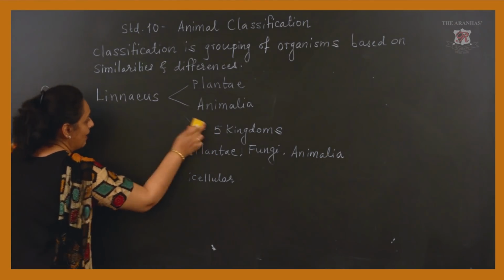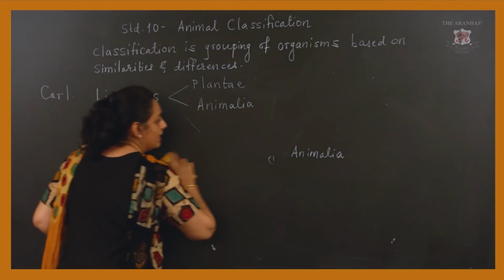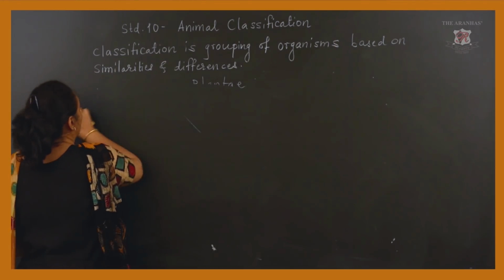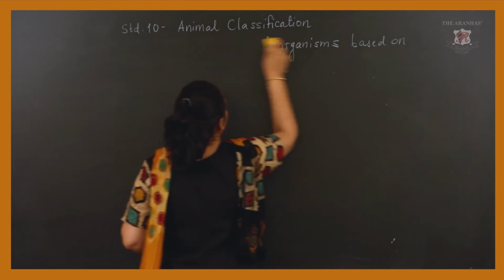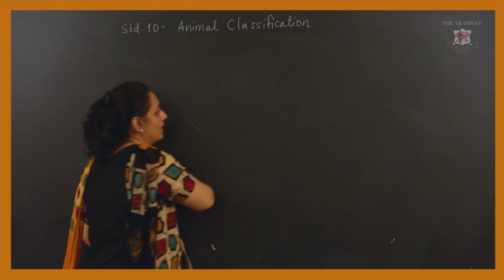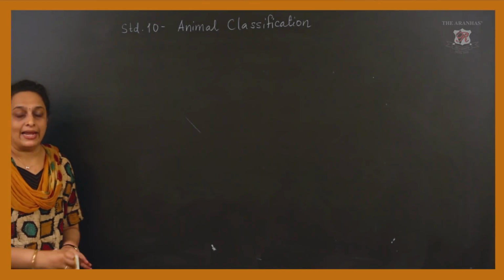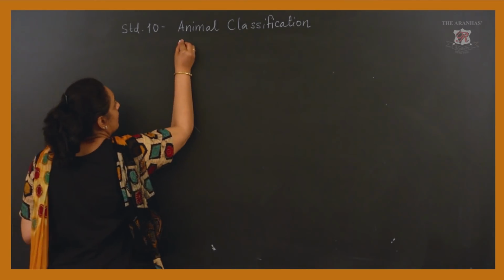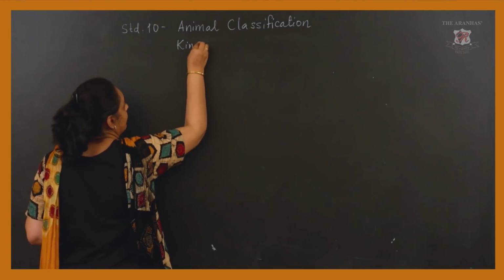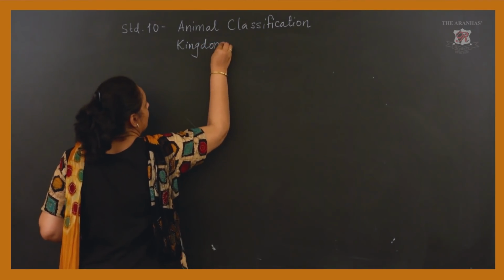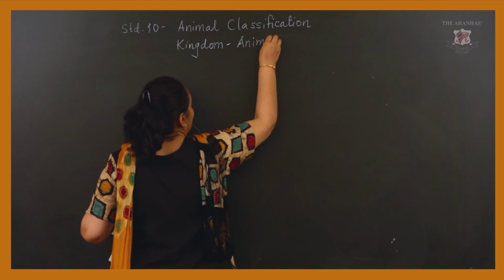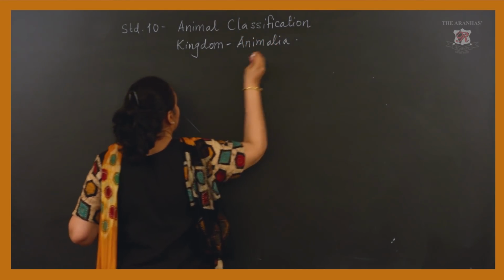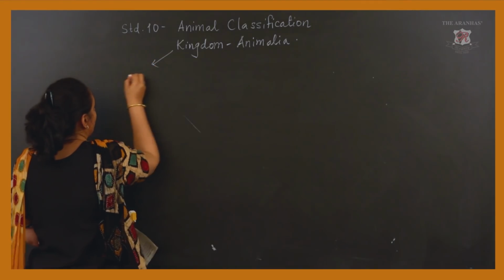Now, kingdom Animalia is a very big group, and that is why let us see how kingdom Animalia is further classified. So, in kingdom Animalia, there are 2 major groups.